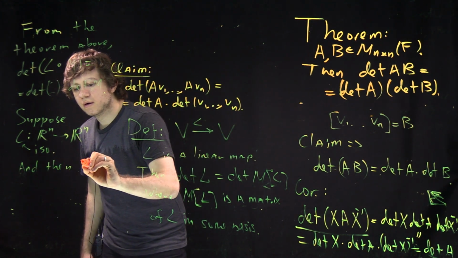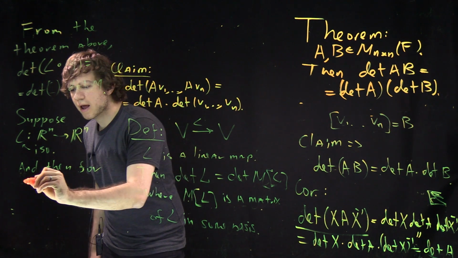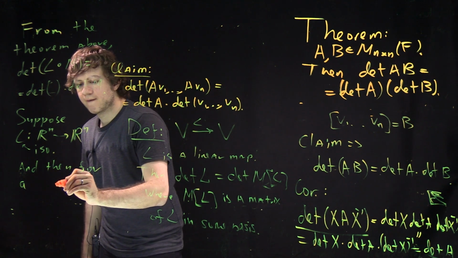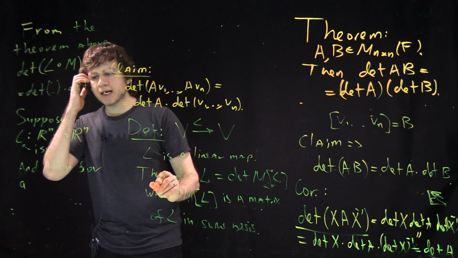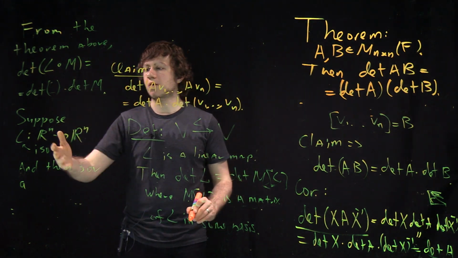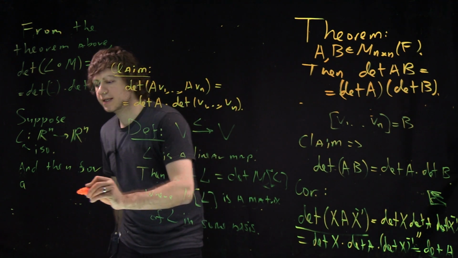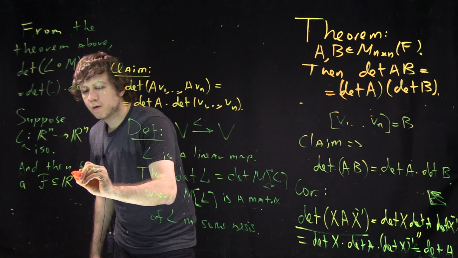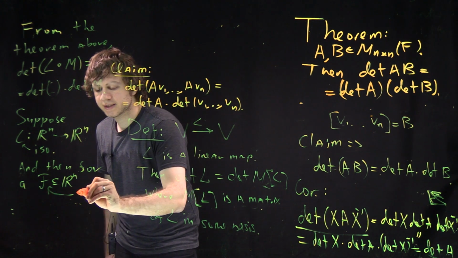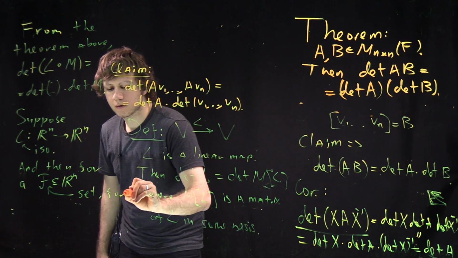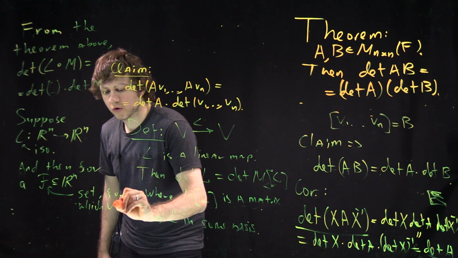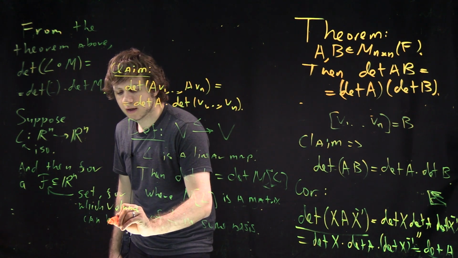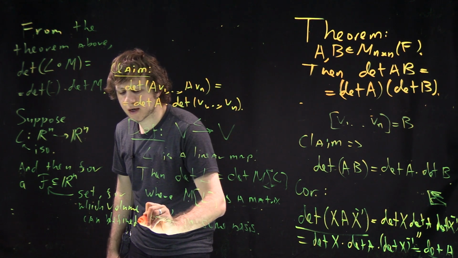So what I want to say is that the determinant is related to the question of how L changes volumes. Let's say for some F inside Rn, where this should be a set for which volume can be defined. Defining volume is tricky in higher dimensional spaces, so I'm not going to explain now what that means.